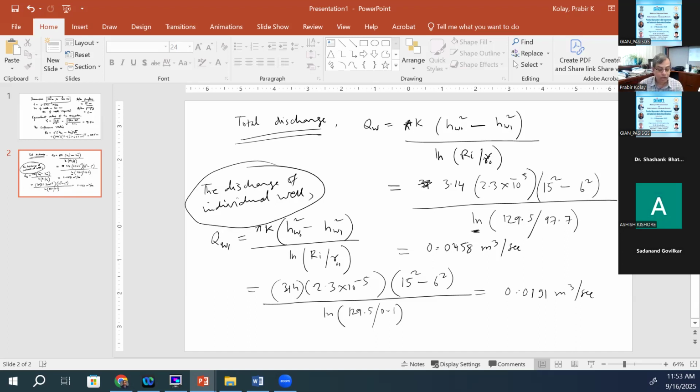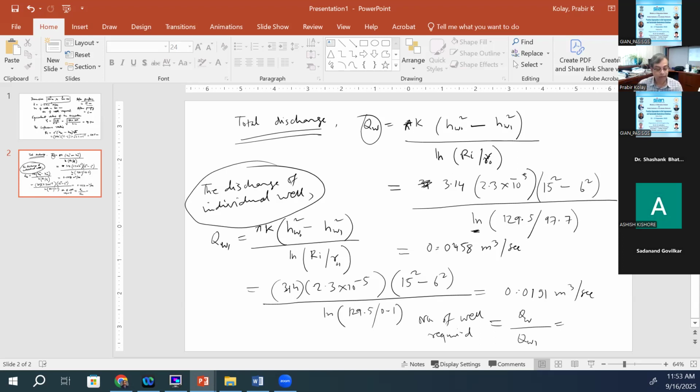Okay, so we need to calculate the number of wells required. You can calculate the number of wells required as the total discharge, Q W, which you calculated, divided by the individual discharge, Q W1.